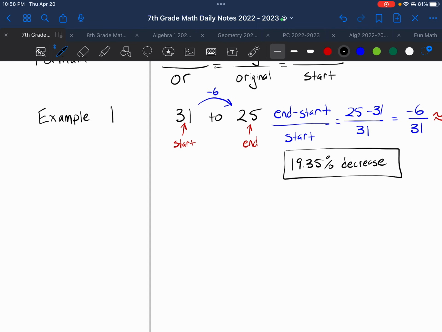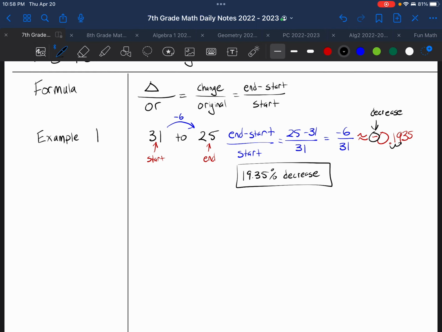Let me give 2 more examples, and then I think that'll be good enough for you to be able to do the homework. Let's do example 2. What if we went from, let's choose a random number, 75 to, I don't know, 85.